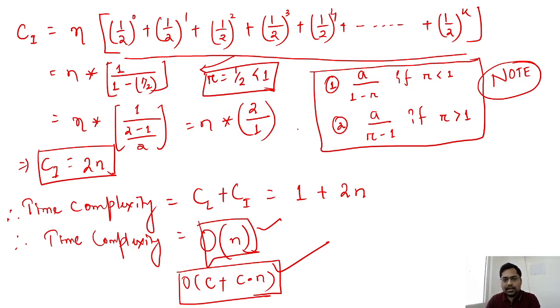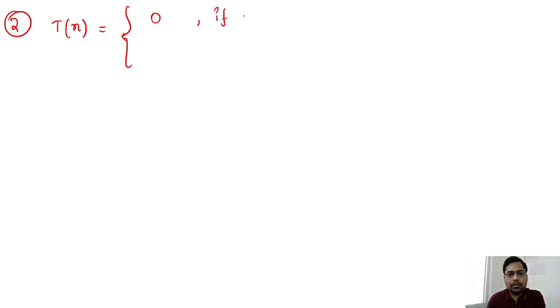Okay, next phase, in decreasing, we will check here. Suppose the same example which we have taken. T of n is 0 if n is equal to 0, and T of n minus 1 plus n if n is greater than 1.